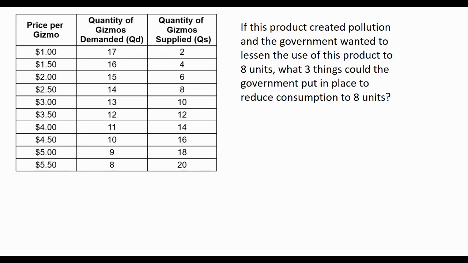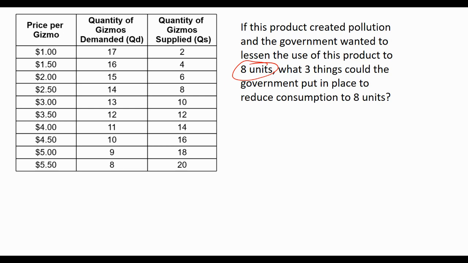So here's another one. If this product created pollution, okay, I'm using the same numbers, and the government wanted to lessen the use of this product to 8 units, what 3 things could the government put in place to reduce consumption to 8 units?